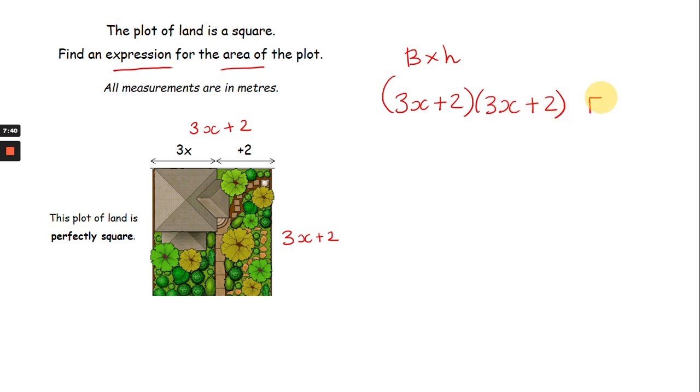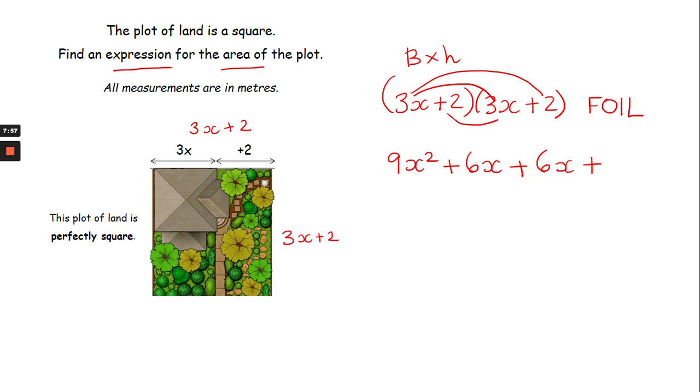And using FOIL, first gives me 9x squared, outer gives me 6x, inner gives me 6x, and last gives me 4. Okay, so simplified, 9x squared plus 6x and 6x makes 12x, plus 4.